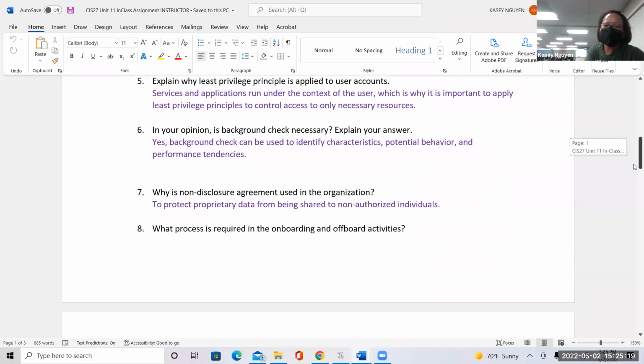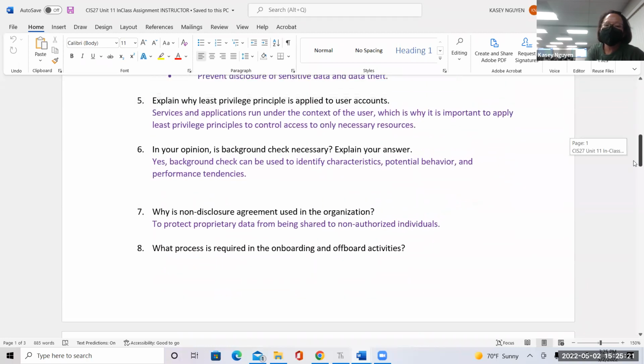And then for the non-disclosure agreement, we use this to protect proprietary data that is being shared or could potentially be shared with non-authorized individuals. When we say data, that could also entail information like phone calls, conversations, things like that.